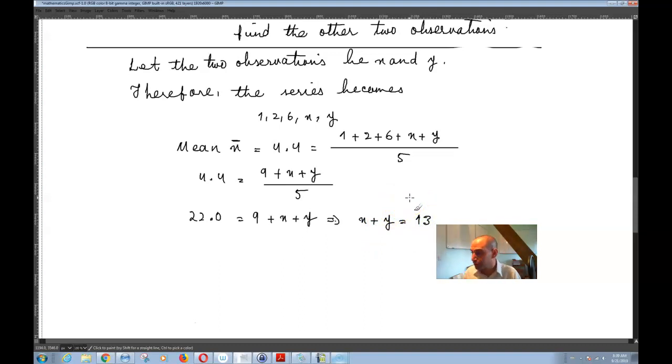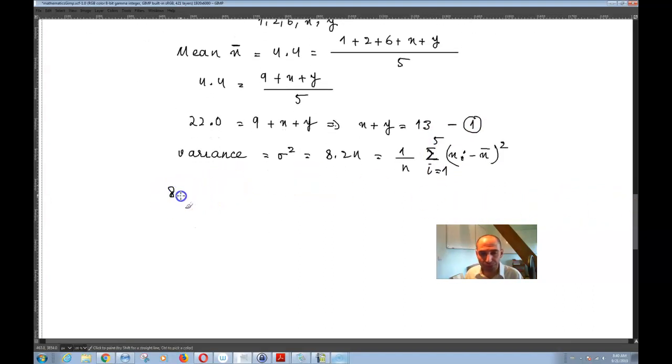So now if I call this equation number 1, then I know that the variance of the data, which is equal to sigma squared, is equal to 8.24, which is equal to 1 over n sigma of x of i minus x bar whole squared as i goes from 1 to 5. So that means that 8.24 is equal to 1 over 5 times the sum of x of i minus x bar squared.